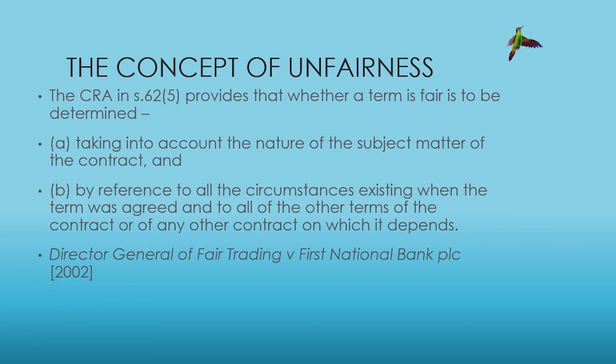In general, the list is concerned with clauses that allow the seller or supplier to impose on the consumer, for example by allowing them to cancel the contract without notice, or giving the seller or supplier exclusive rights of interpretation, or requiring the consumer to pay disproportionately high compensation for a breach.